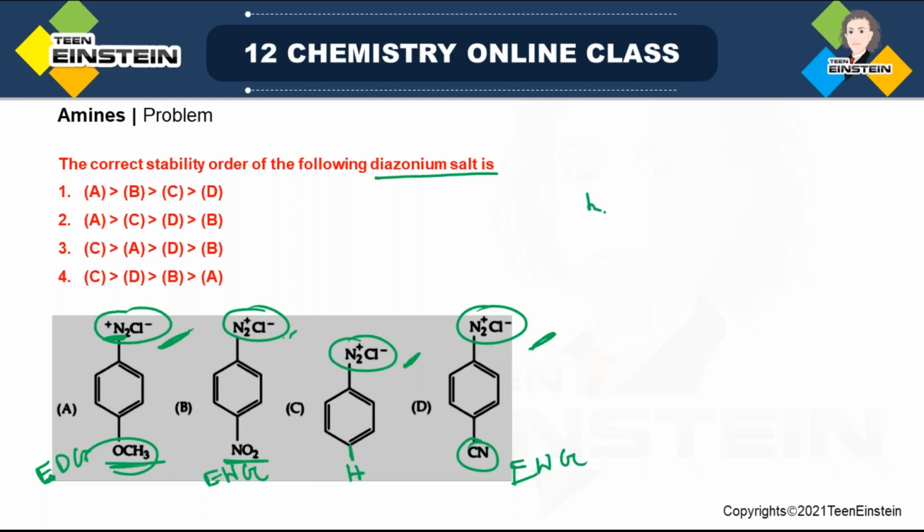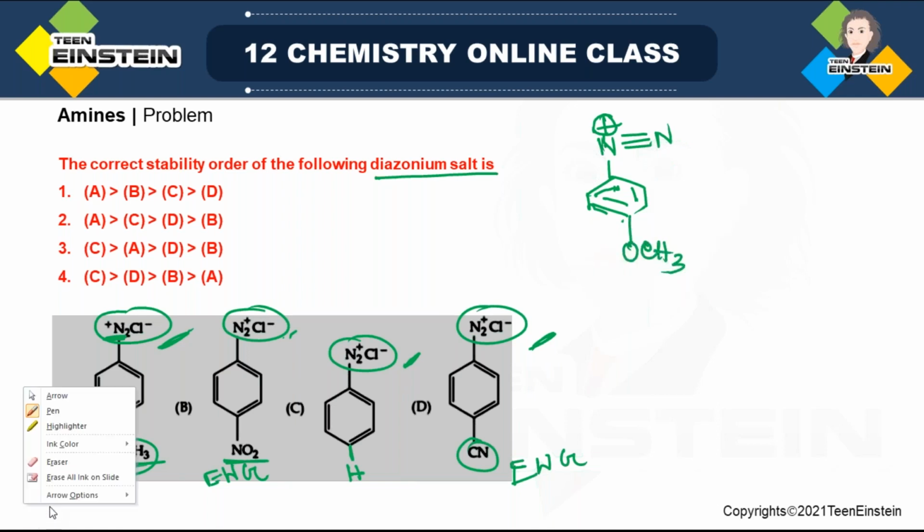If you want to draw a resonance structure, that is also possible. Suppose I am writing N triple bond N, this nitrogen is positively charged. Now there is an OCH3 group present here. If it is playing a donating role through its lone pair, what will happen?